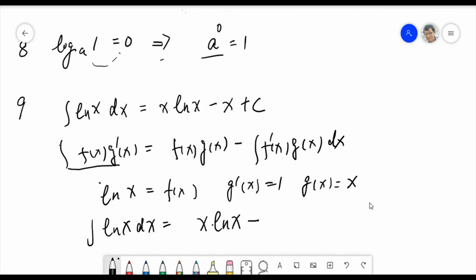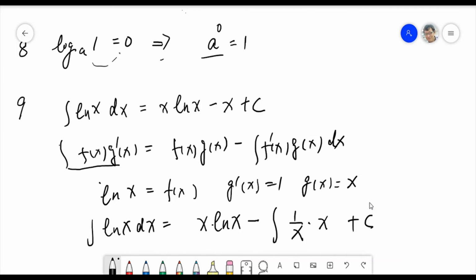Minus what? Minus this integral, f'(x) times g(x). The derivative of ln x is 1 over x, right? And then g(x) is x, right? And of course, any integration we should have plus c, right?